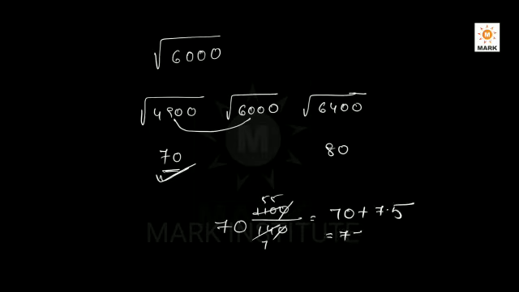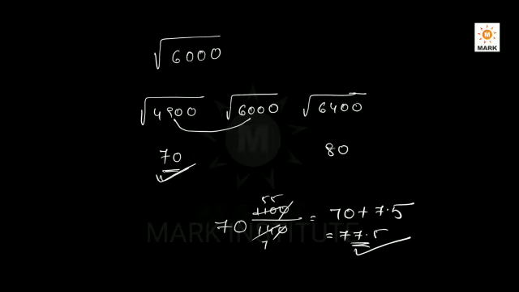So your answer will be 77.5. 77.5 is the approximate square root of 6000. So this is the method to find the approximate square root of a non-perfect square.